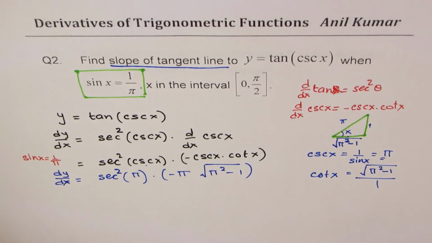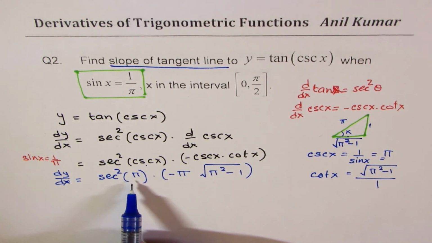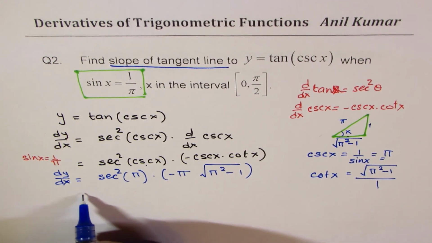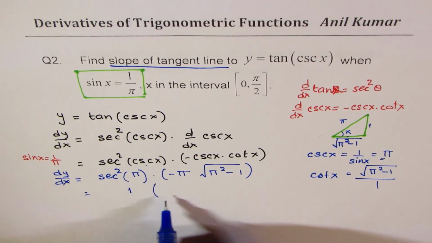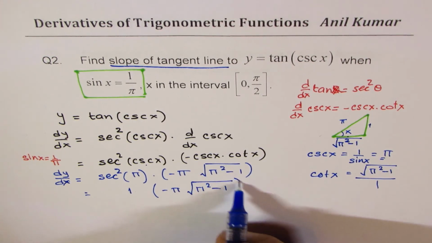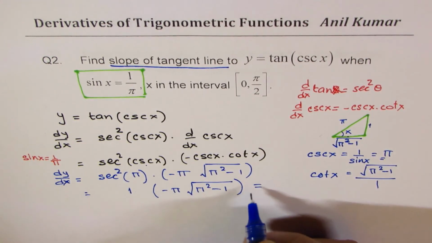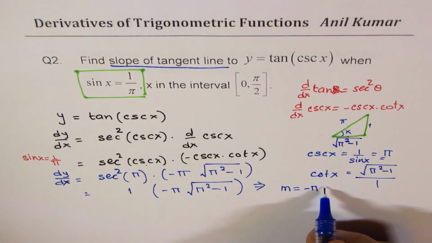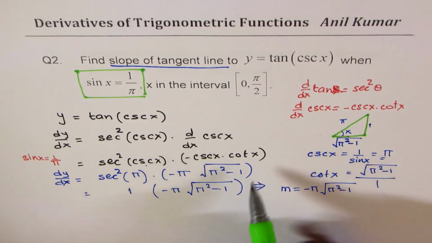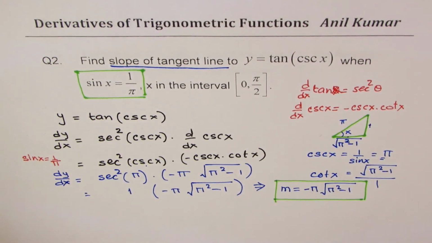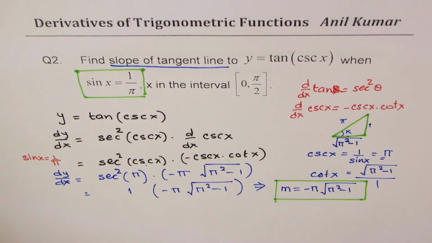Is that clear to you? Correct? Now what is secant square x? Secant square of pi is just 1, right? So this is 1 for us times minus pi square root of pi square minus 1. Or we can say that the slope m is equal to negative pi square root of pi square minus 1, correct? So that becomes the solution for us in the given condition. Is that clear to you? So this is a very interesting question.